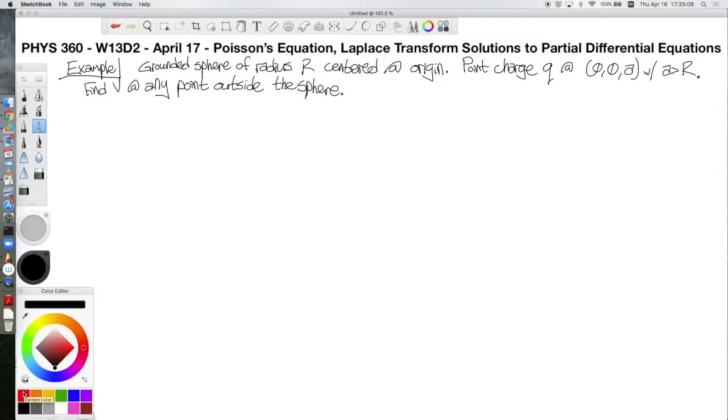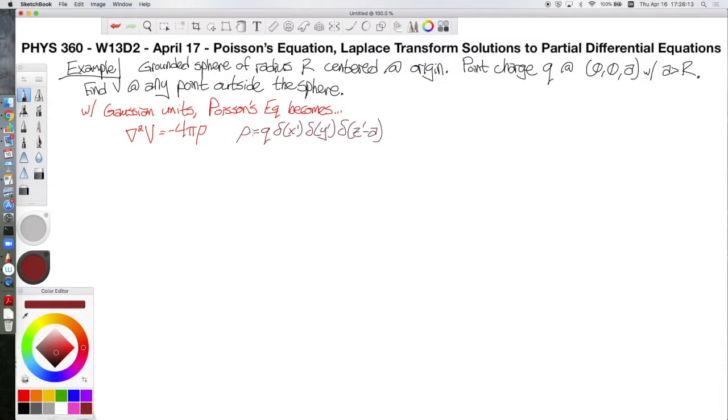And in this situation, Poisson's equation becomes, with Gaussian units, the Laplacian of v equals negative 4 pi rho, where rho is the source density, or the charge density in this case. So we could actually write rho as a delta function. This was actually one of your previous homework problems, something like this.